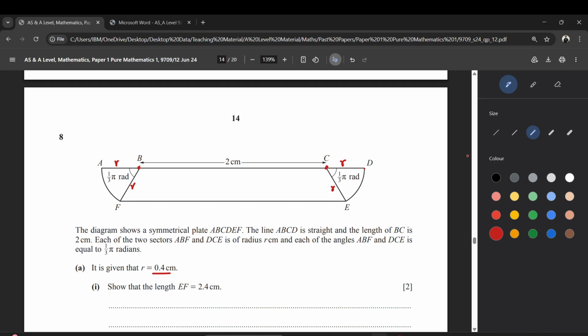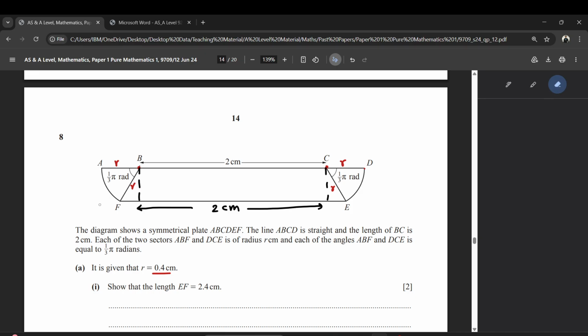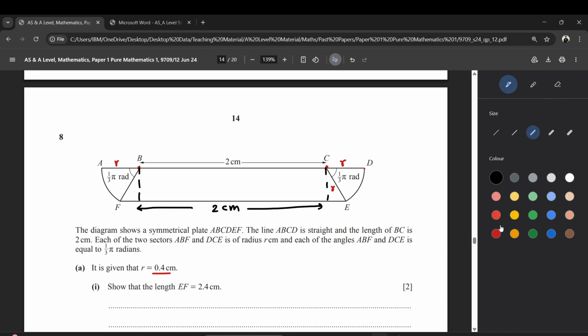So if you look over here, part of this length is something that we already know. Like if I draw a straight line over here, so we already know that this much is going to be 2 centimeters. So we just need to find the remaining part. And also if you notice another thing over here, this is Z, right?